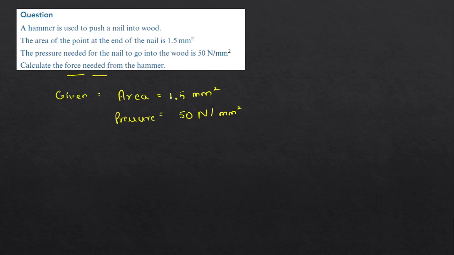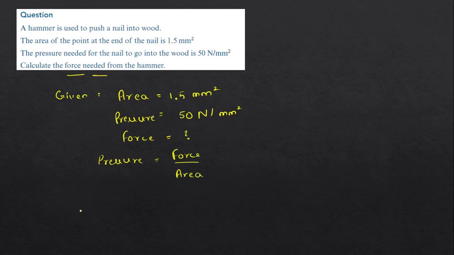Here both the units have millimeter square in common, so we don't have to do any conversions. We have to keep that in mind. We have to calculate the force exerted. We'll go back to our traditional formula which says pressure equals force by area.